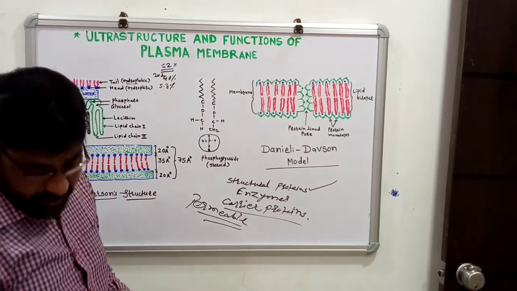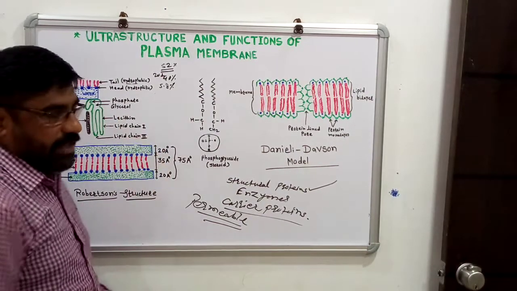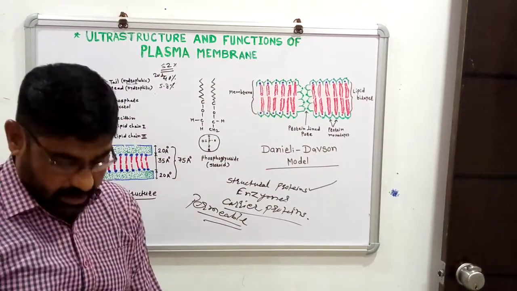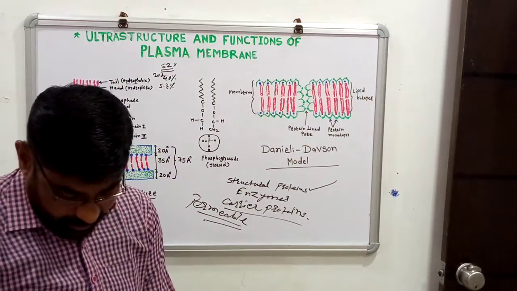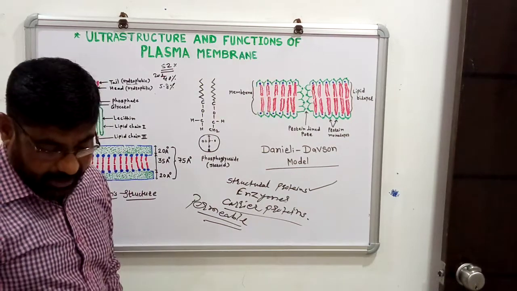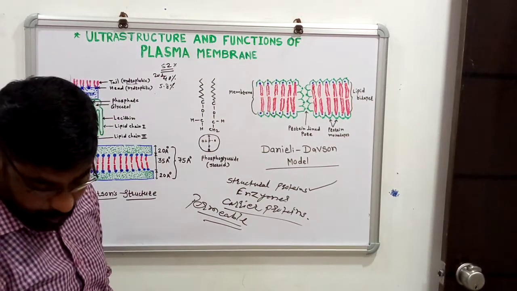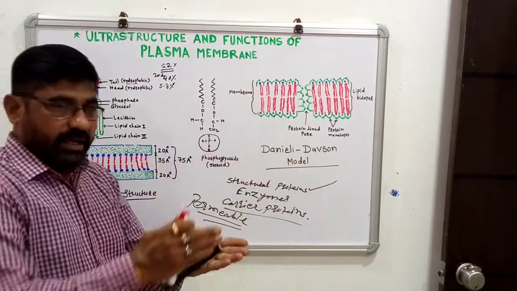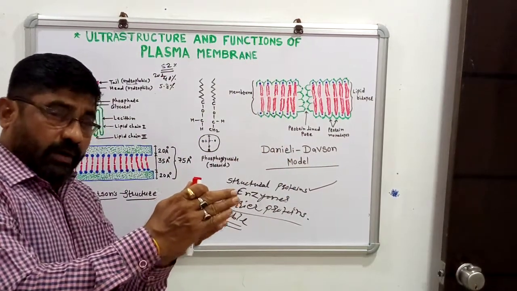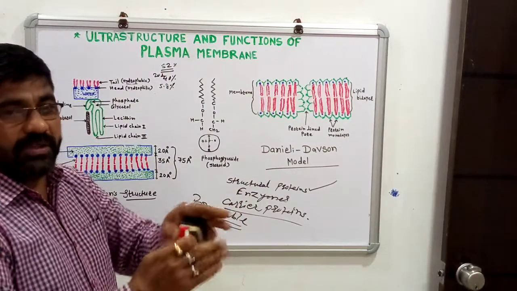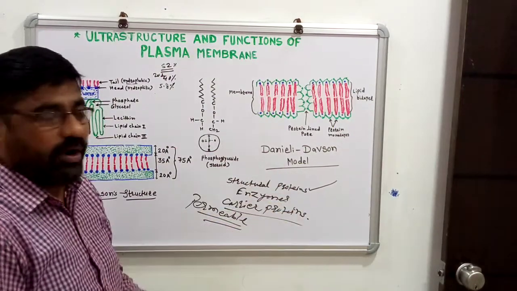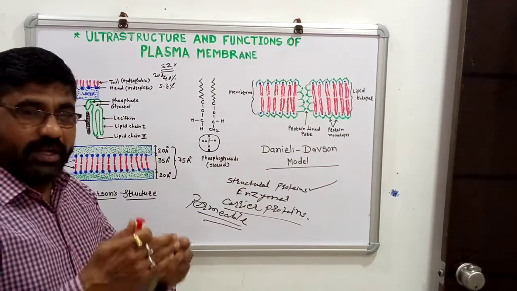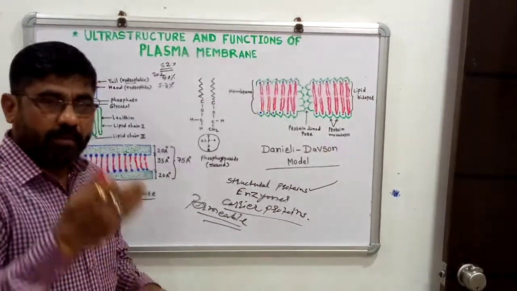The concept of the plasma membrane is majorly based on Robertson, who in 1953 proposed the Davson-Danielli model on the basis of evidence, a trilaminar structure of the plasma membrane.